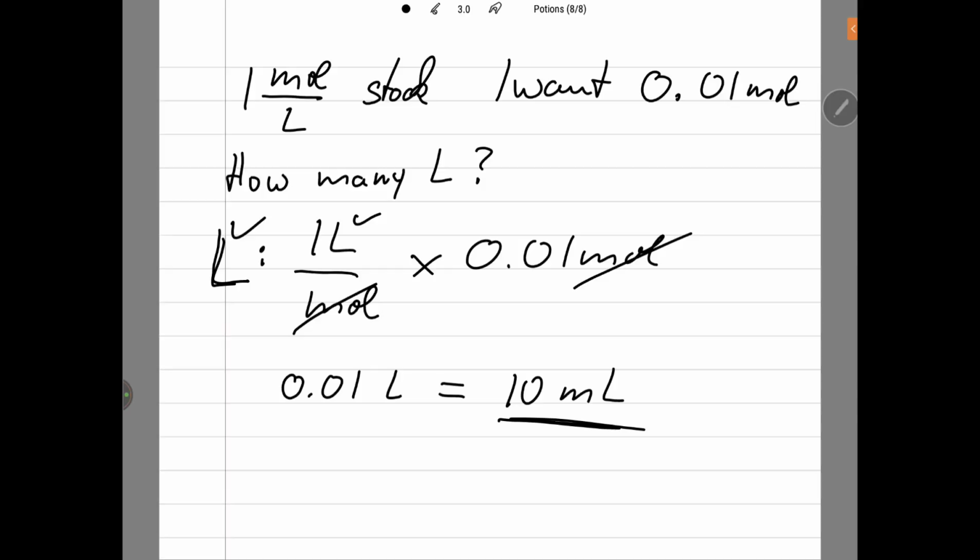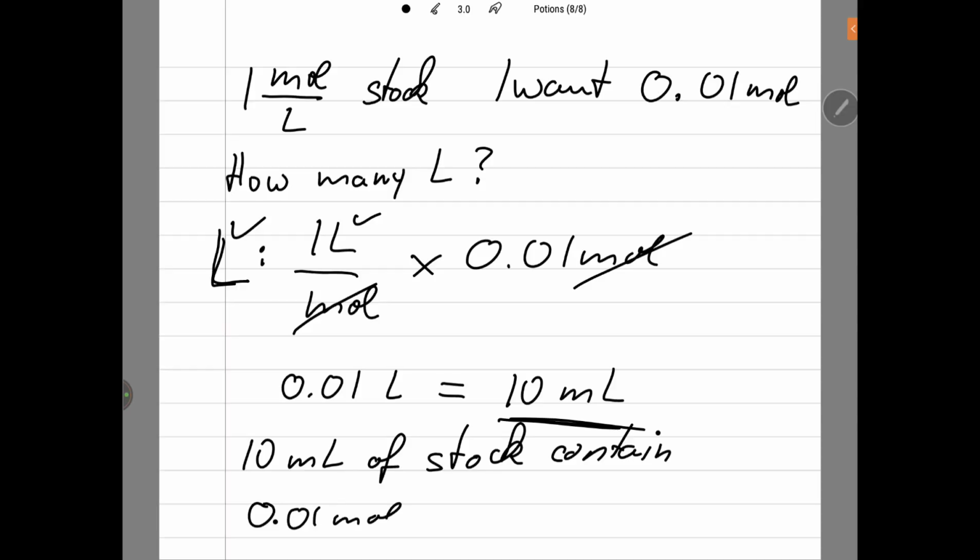Now this means 10 milliliter of the stock contain 0.01 mole, and that is exactly what I wanted.